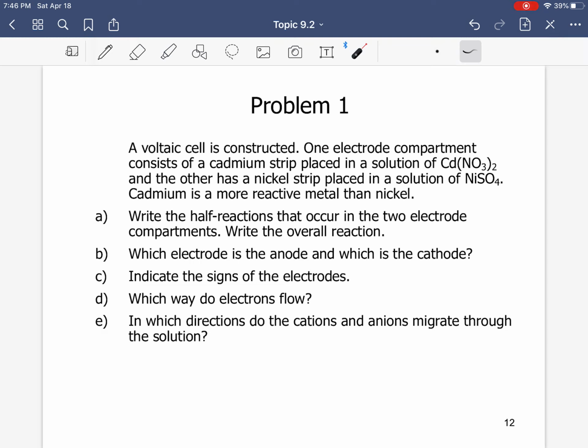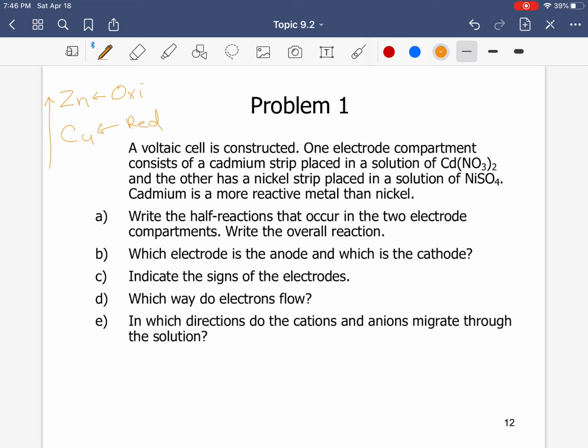This time we're going to use it again. If you were to look at the series, zinc is higher up than copper. Since that is the case, zinc is the one that oxidizes, and copper is the one that will reduce.